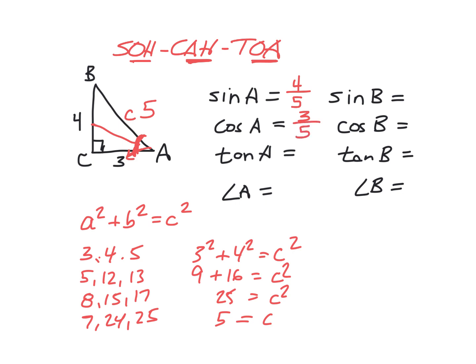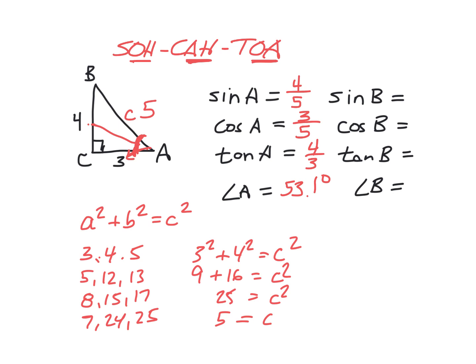And then tangent is opposite, which is 4, over the adjacent, which is 3. Then to find the angle, I could use any of those values, and I'm going to use the inverse sine of 4 over 5. I get that angle to be about 53.1 degrees. Make sure you're in degree mode.